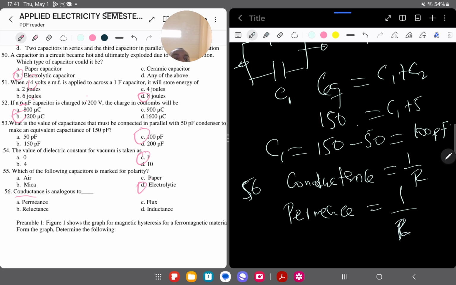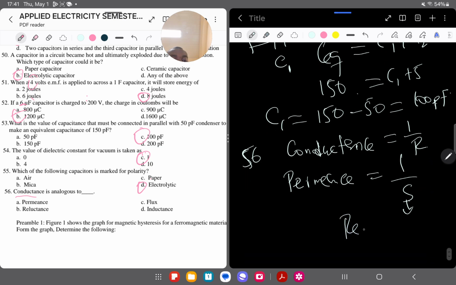reluctance. So let me use S to represent reluctance so that there will not be any confusion here. So S here means reluctance, right? So you can see this is the inverse of resistance, and this is the reciprocal of reluctance.